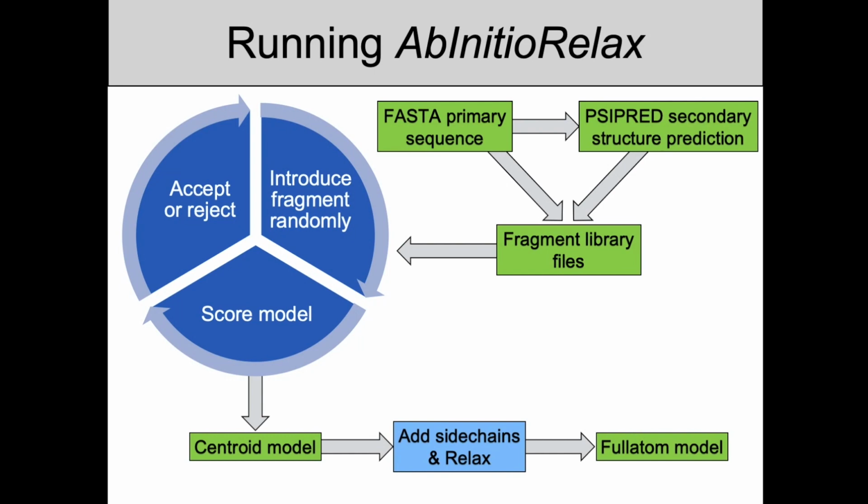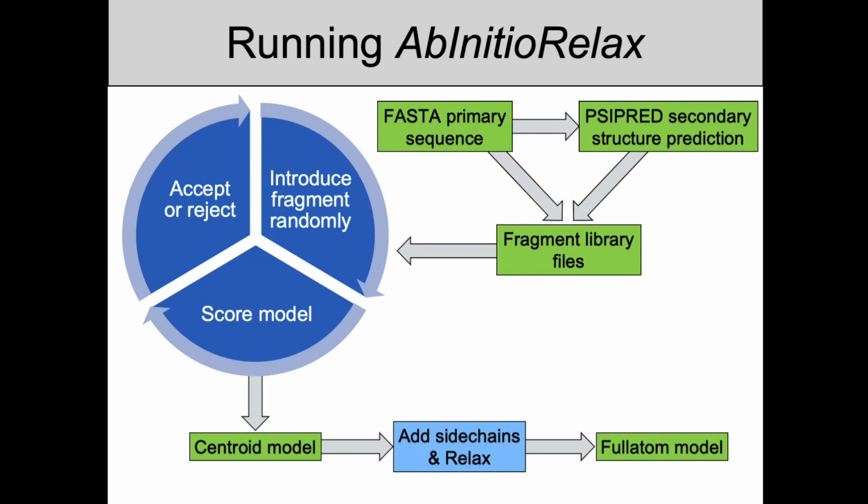We're going to change the dihedral angles of a specific region of our protein to match that of a randomly chosen fragment. And then we're just going to evaluate the model and see if there's an improvement in the score using an energy function, or if the score got worse. If there is an improvement, then we accept that change. If there's not, then we reject that change. And we're just going to repeat this process hundreds of thousands of times.